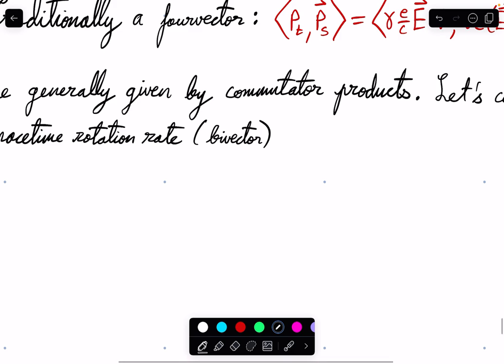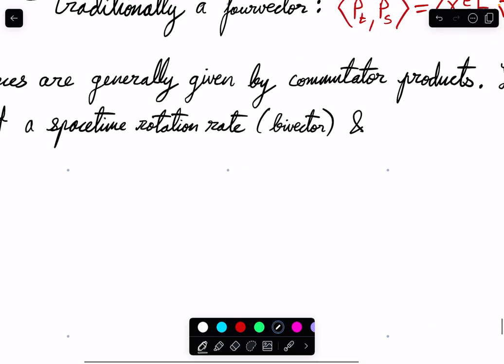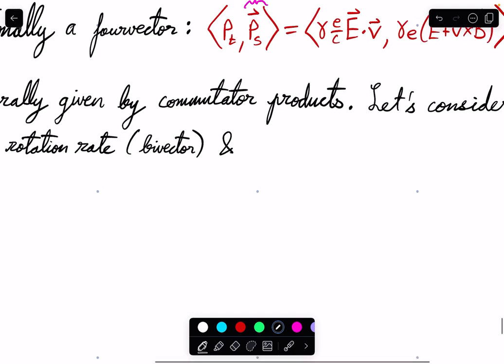So a spacetime rotation rate, commutator of a spacetime rotation rate, and momentum.